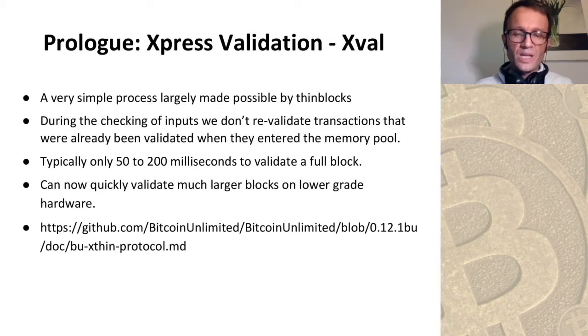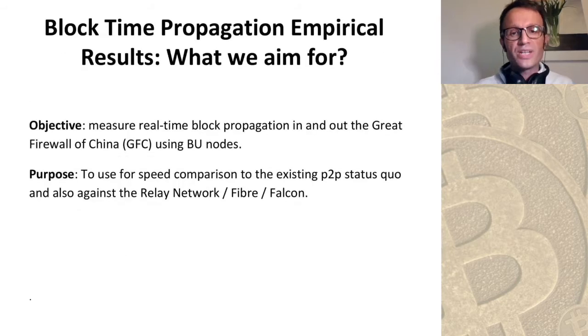So, now that we have given an overview of how Xthin and Xval work, we can move to the proper test and the results that we collected. What's the objective of our test?